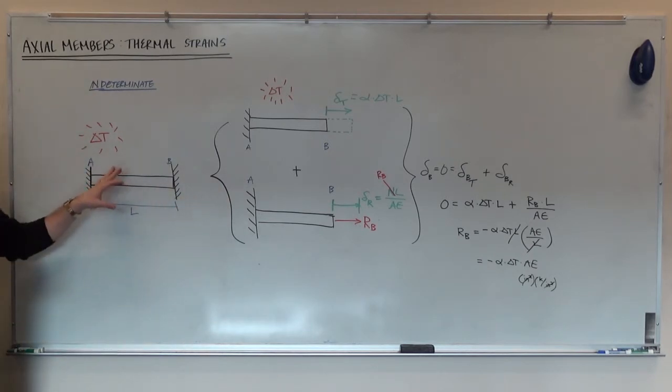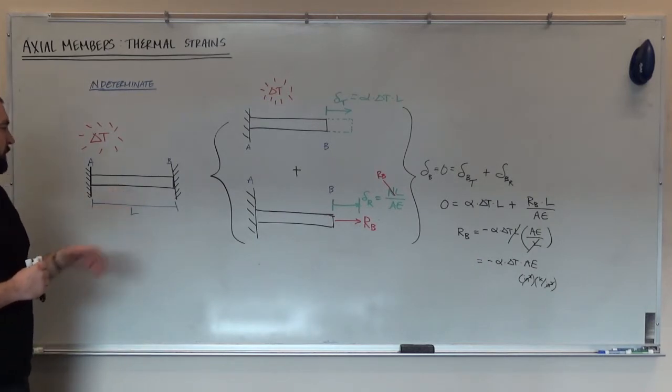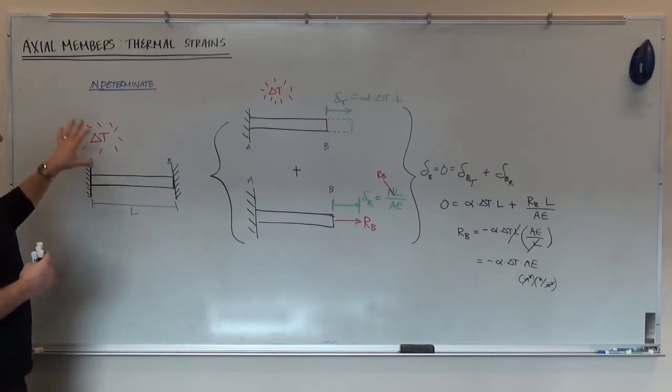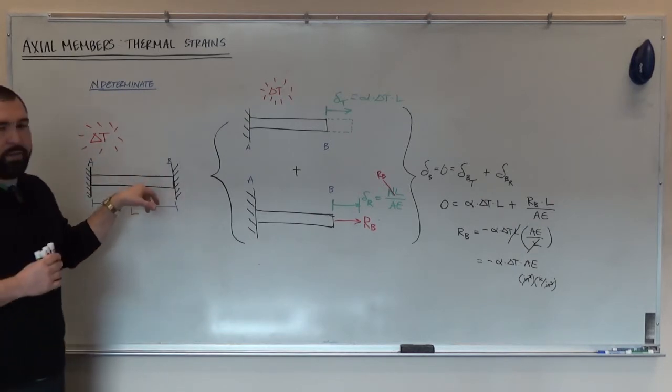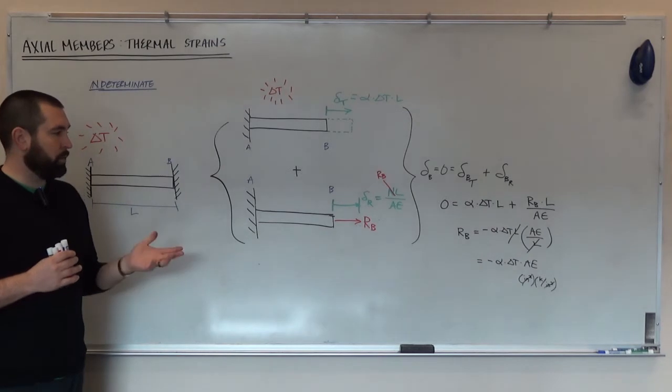So for an indeterminate structure, a change in temperature will induce internal forces and internal stresses. So a problem like this, you could ask a couple questions. You could say, here's a geometry and material properties, here's a change in temperature, what is the internal normal force or normal stress?